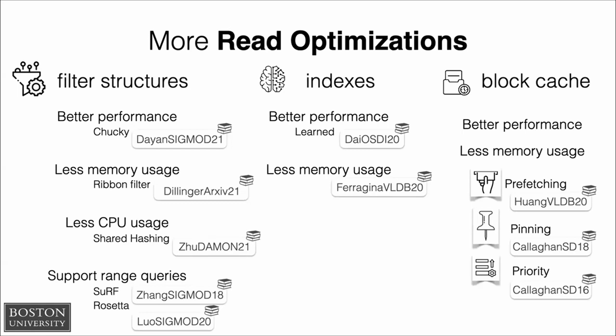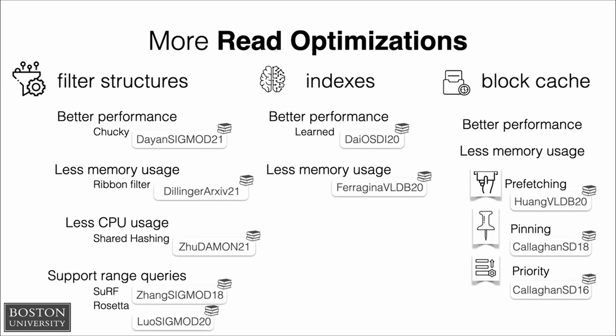There's also work to reduce the memory size of the filter data structure, because memory is becoming relatively more expensive than storage and CPU as we're deploying in larger data centers today. This is work published on arXiv about reducing memory utilization.